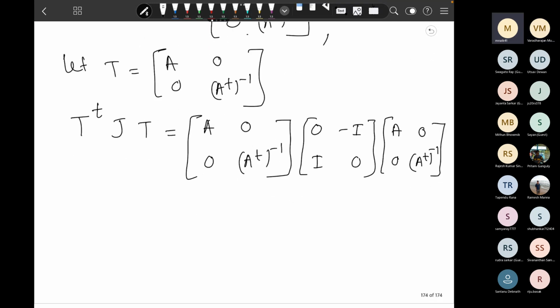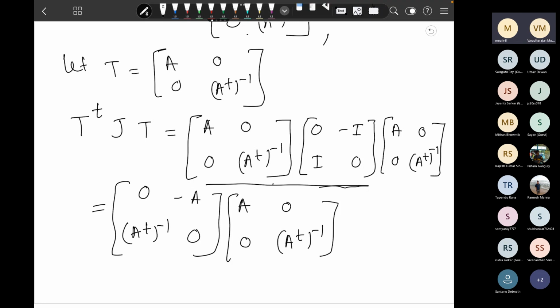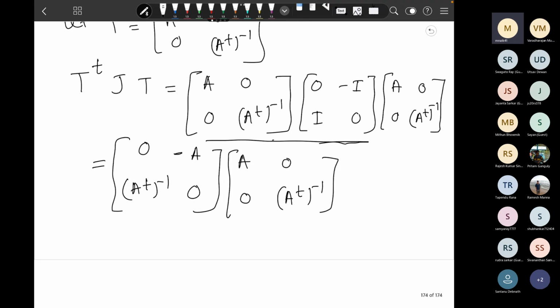So if I multiply that, first will be 0, 0, minus A, and I am multiplying the left things. Did I do something wrong somewhere?